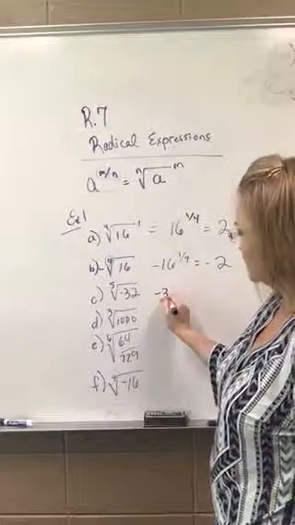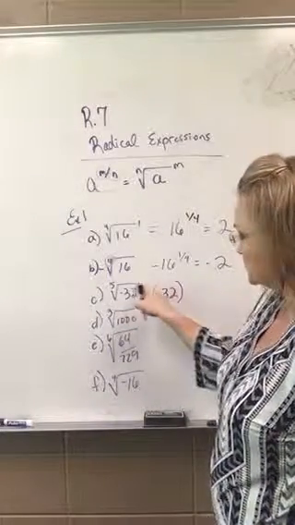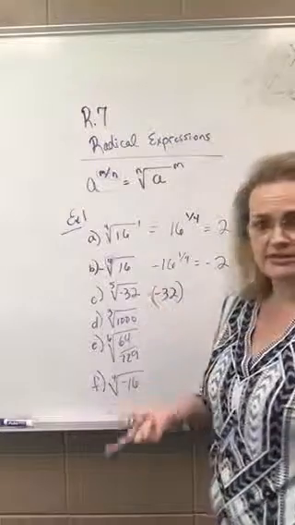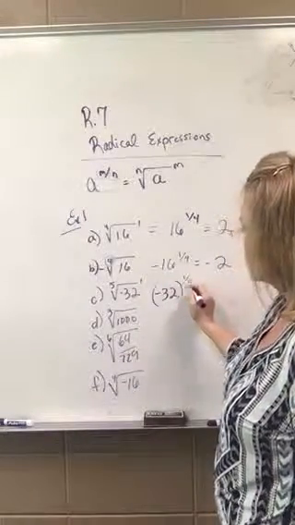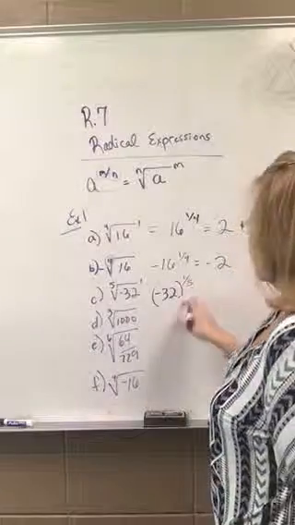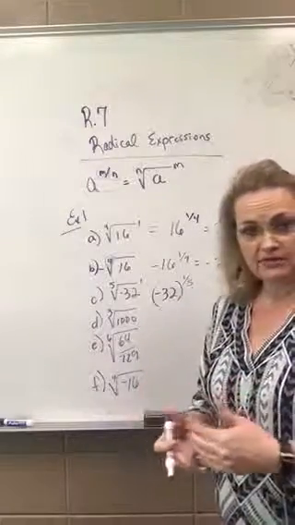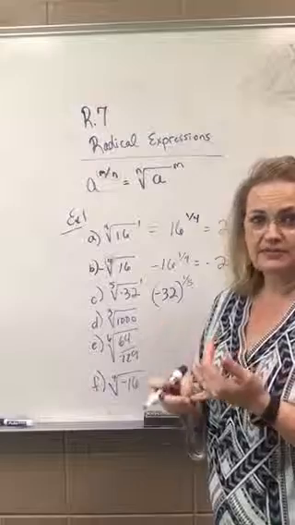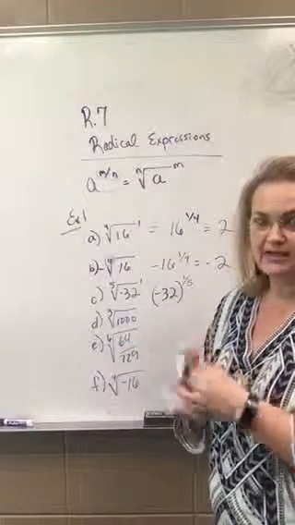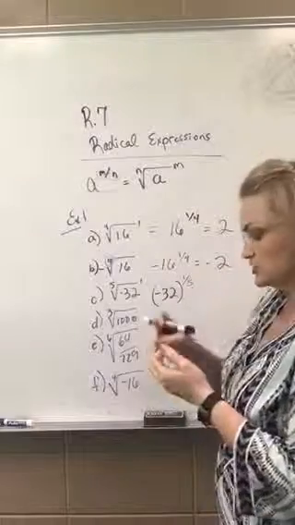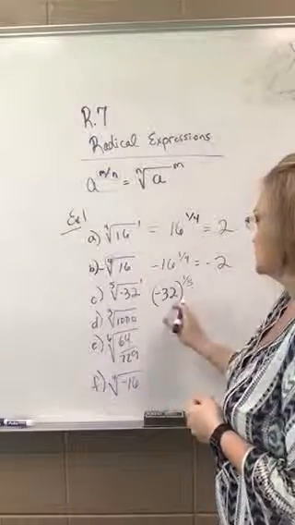Next one we would write is -32, and since it's under the radical with it, this negative needs to be in a parenthesis. It's understood to be the first power there, so it's the 1/5 power. Again, these may not be obvious to you, but you just guess 2 probably and see how many 2's it takes to get here. But 2 times itself 5 times is 32.